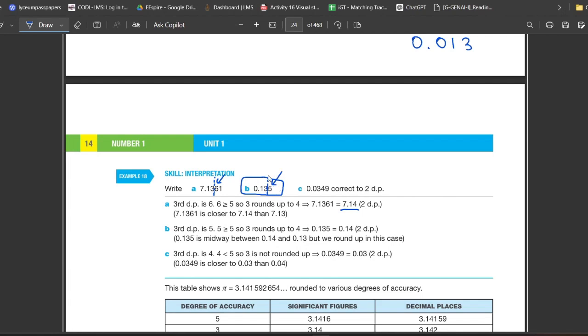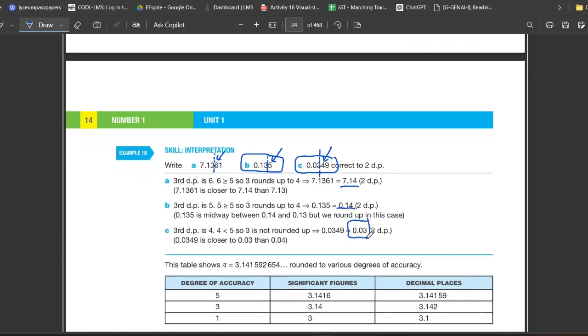This is equal to 5, so we add 1 to the second decimal place. So 0.14 is our answer. And when we check this one, here is the second decimal place, and it is lesser than 5. So we don't add anything to the second decimal place. So that's the answer.